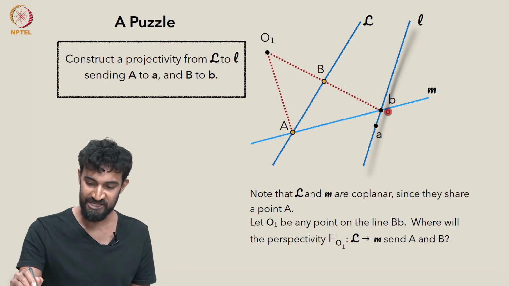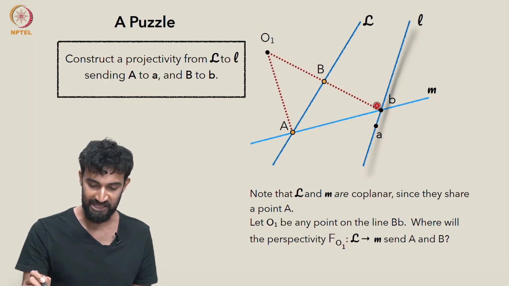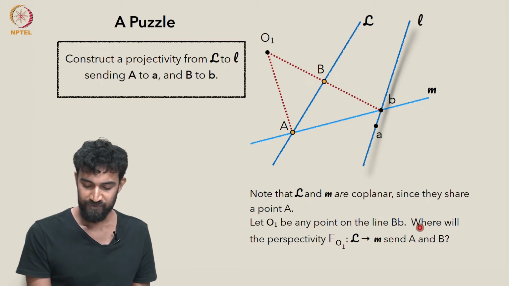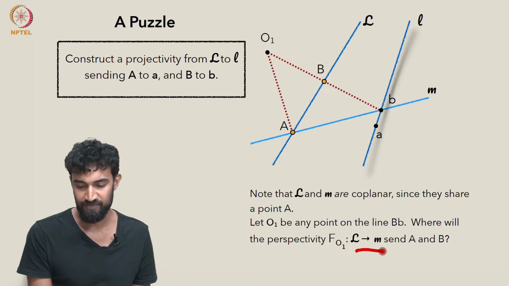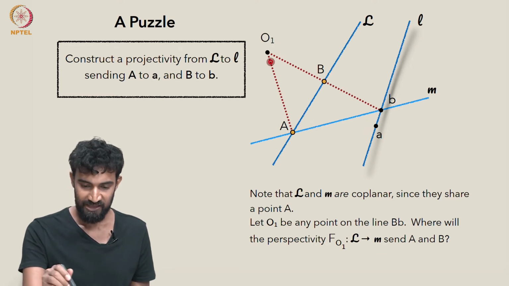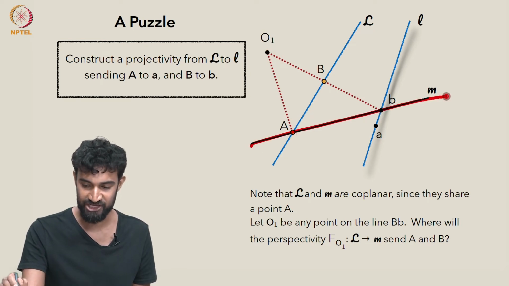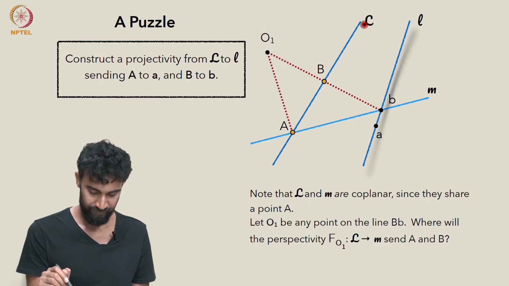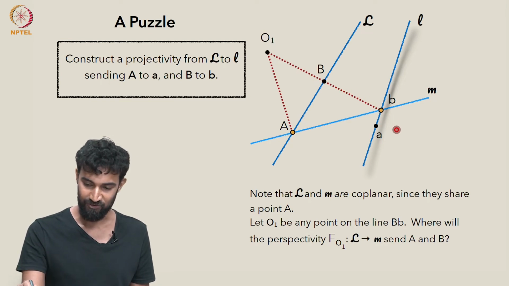We want to map B to b, so let's draw this line Bb, and O1 is any point along that line. Where will the perspectivity F_O1 from L to M send capital A and capital B? Well, it's going to fix capital A because capital A is in the intersection of M and L. But where is it going to send B? Well, it's going to send it over to little b.